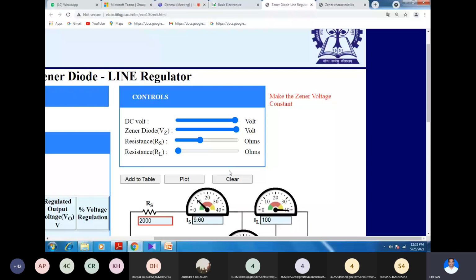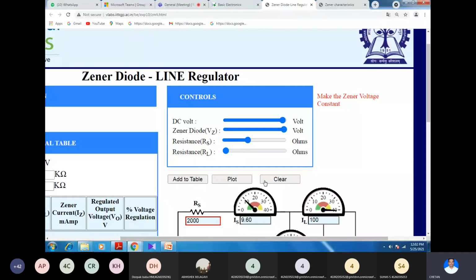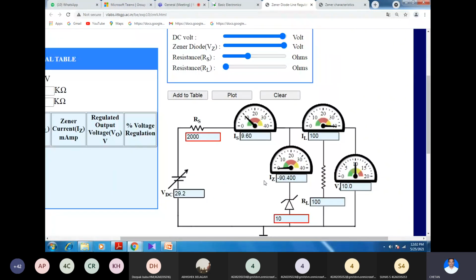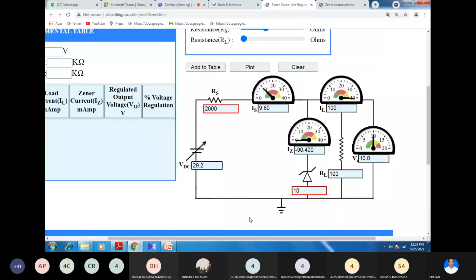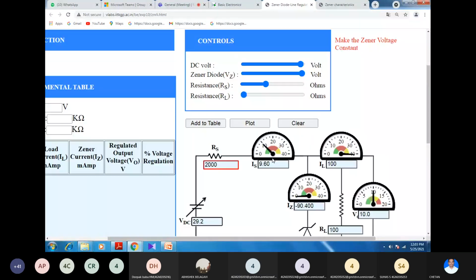This is the virtual lab site where we are finding out the operation of a Zener diode as a voltage regulator. Is this visible? Okay. So the first case is line regulation.